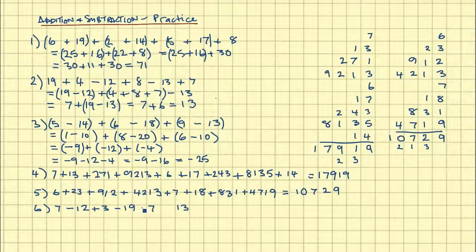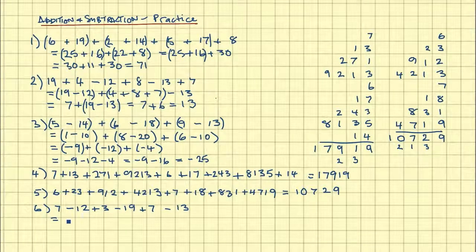Okay, so we're going to subtract, add, subtract, add, subtract. So pause the video, give that one a go. All right, let's do our up and down method again. I think that's the best way to think about this.